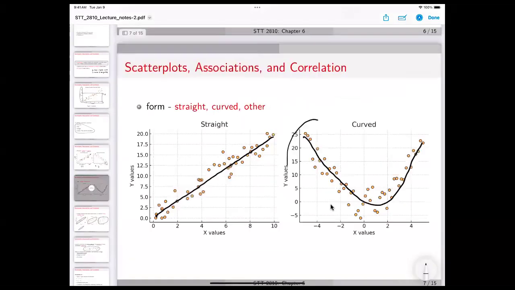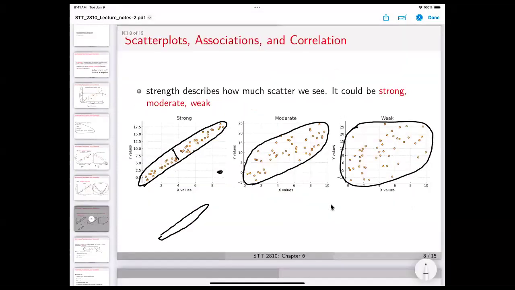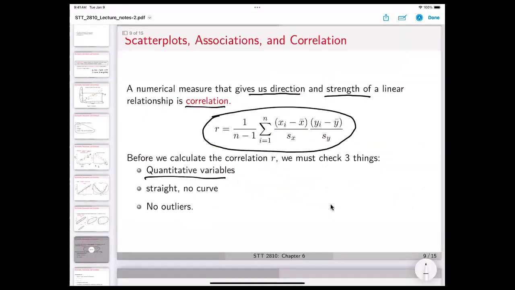We cannot compute R for this, this is curved, but we can compute R for this. Does that make sense? And then we don't want to have outliers because when there are outliers, it has a great impact on the correlation coefficient. Does that make sense? Good.